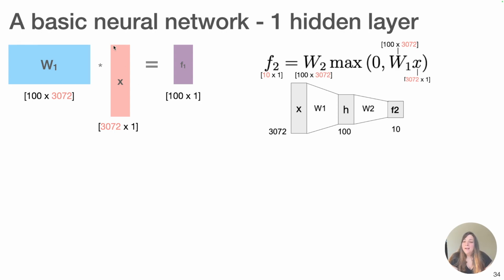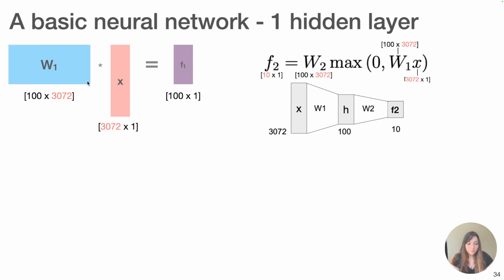So again, we're going to have this vector that has dimension 3072, so 3072 rows and 1 column. And we are going to have W1, which is a matrix that, in order to be able to multiply it by the input x, needs to have 3072 columns.